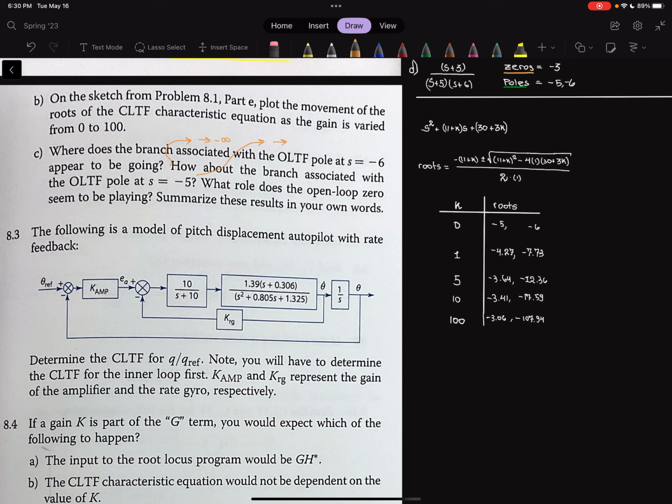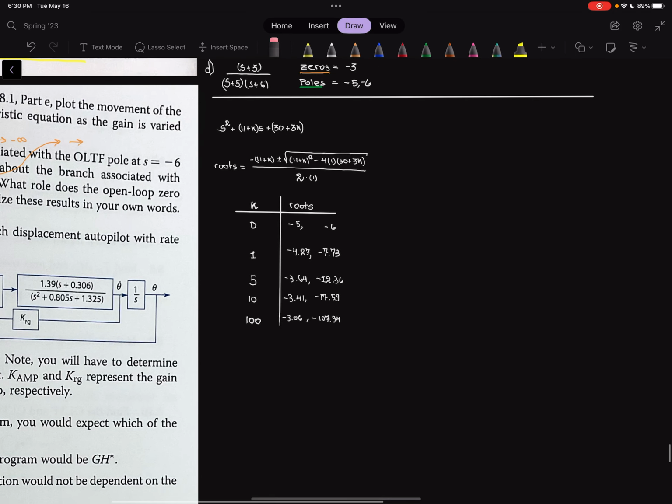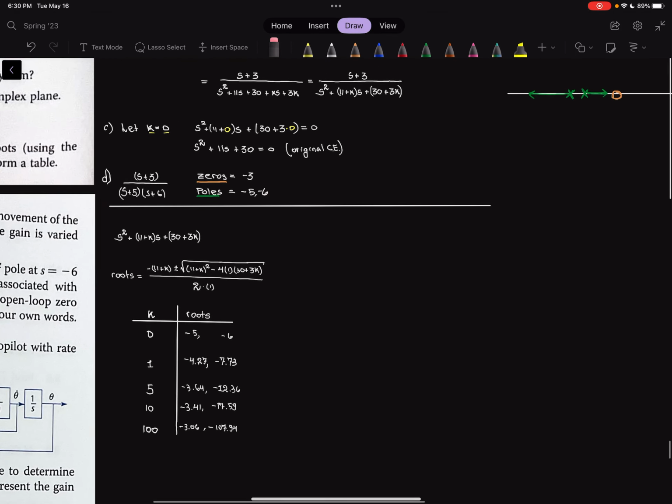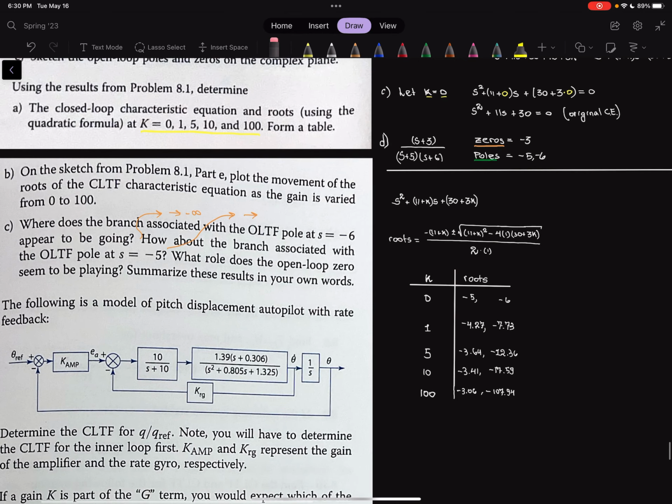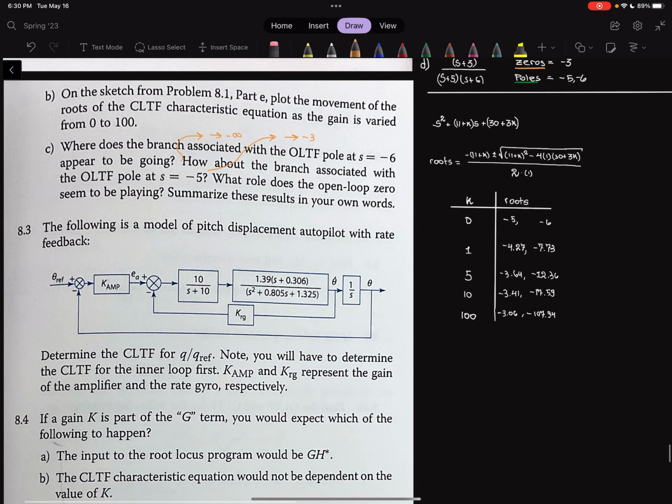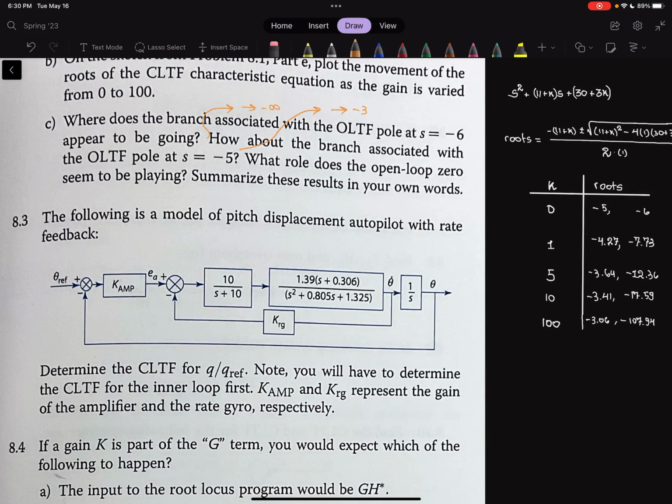It's approaching the zero, which is not at 0, it's at -3. What role does the open loop zero seem to be playing? It's kind of like a magnet, an attractor.